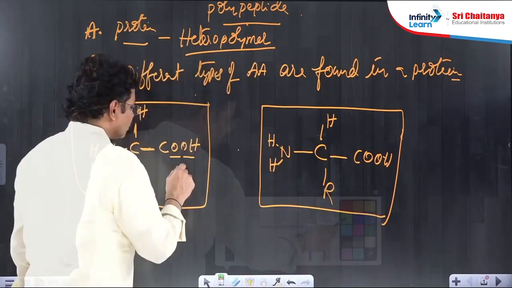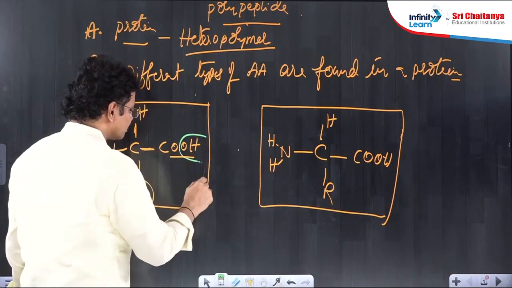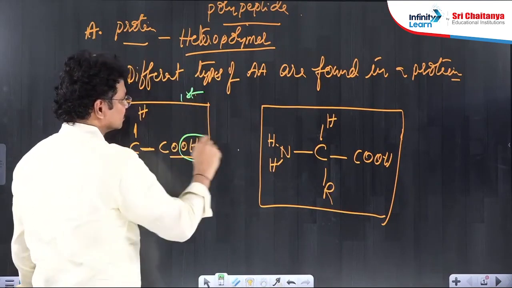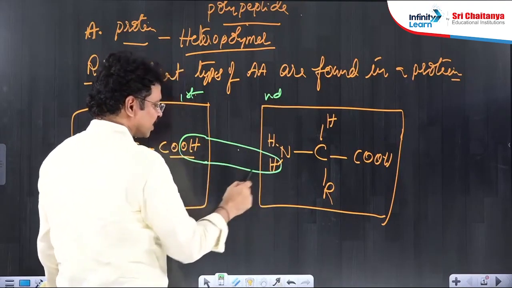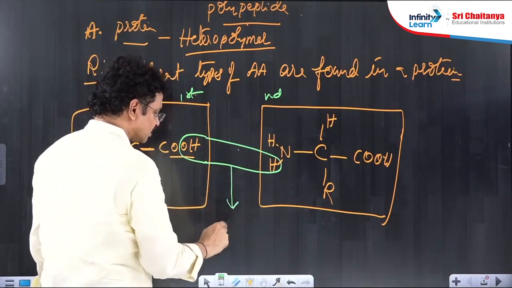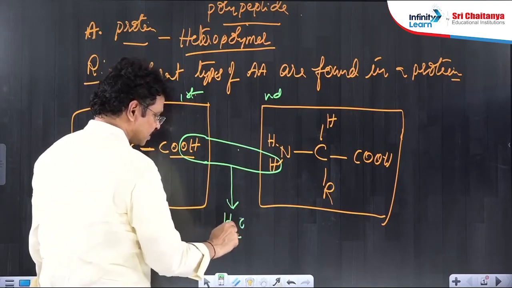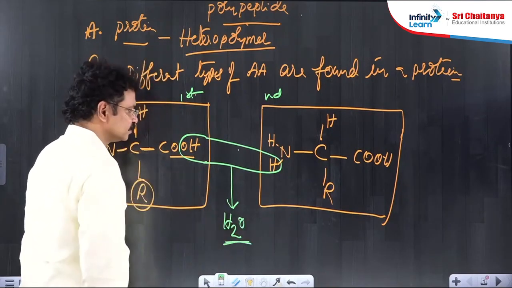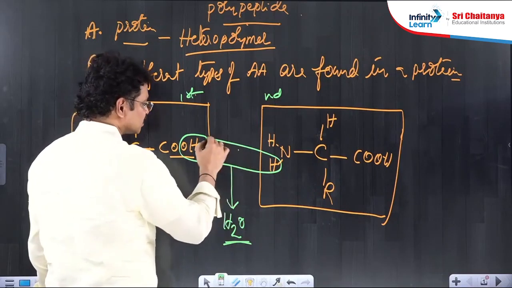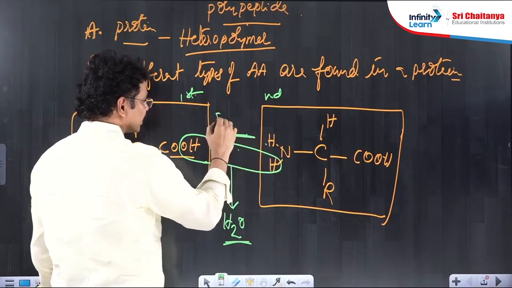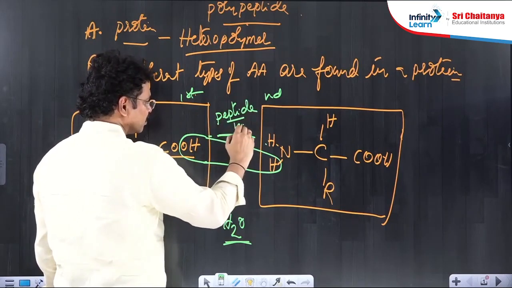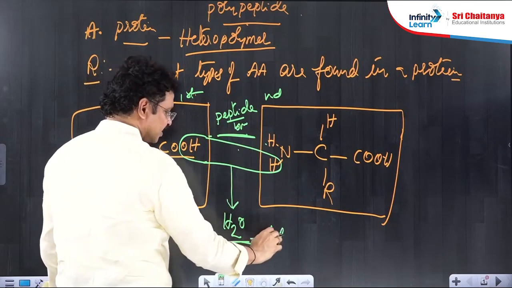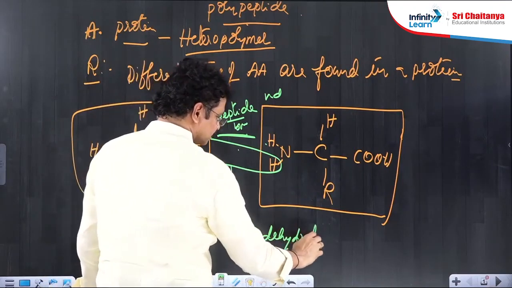The OH of the carboxylic group of the first amino acid and one hydrogen atom of the amino group of the second amino acid contribute to the liberation of water. Then a bond is found between these two amino acids. That bond is called a peptide bond. So finally, we can conclude peptide bond formation is an example of a dehydration reaction.